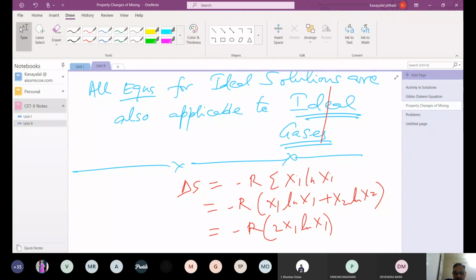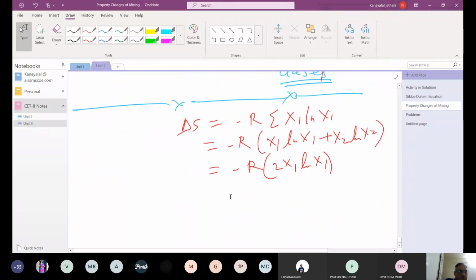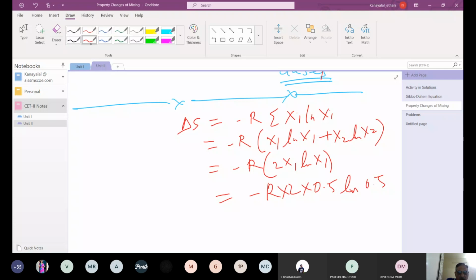So if you substitute for this, this is equal to nothing but minus R ln 0.5. Okay? Did you understand?